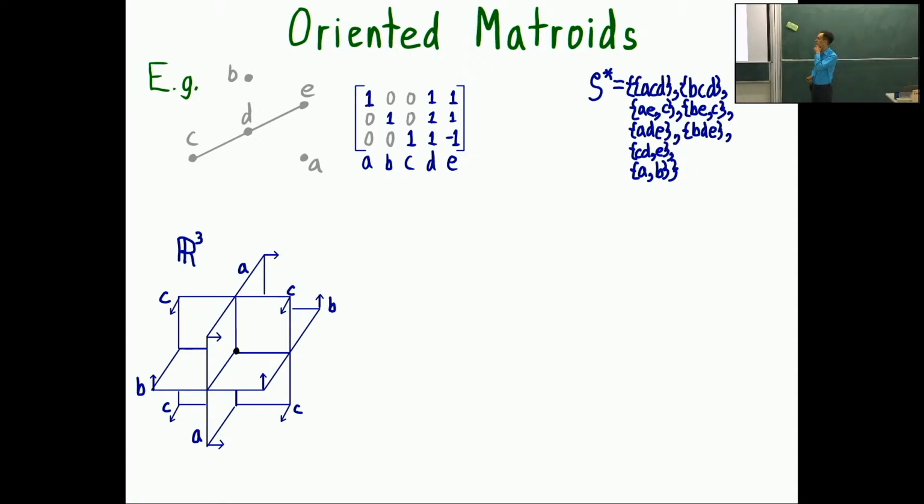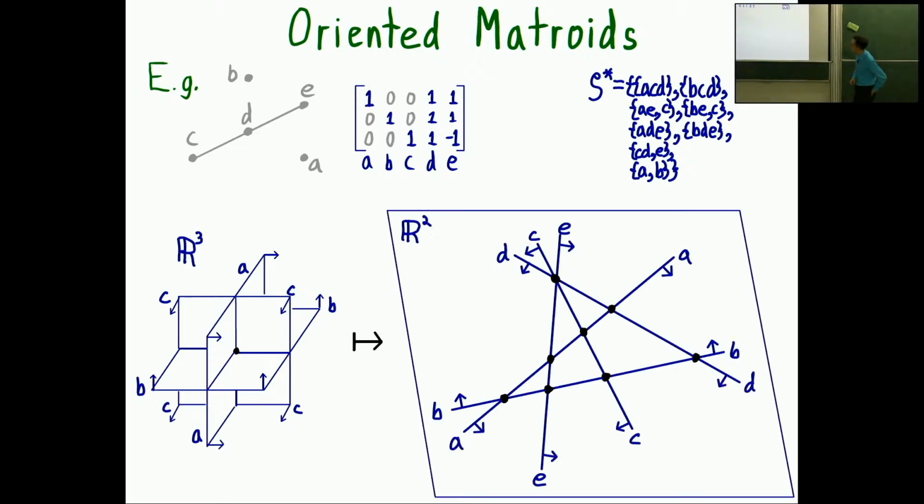And now, if these all pass through the origin, so if I take some hyperplane that does not pass through the origin, as long as I freely place this, I can capture this geometric structure. So as I've done here, I've taken a hyperplane, and I've now drawn all of the hyperplanes, or the intersections of these hyperplanes with this surface.